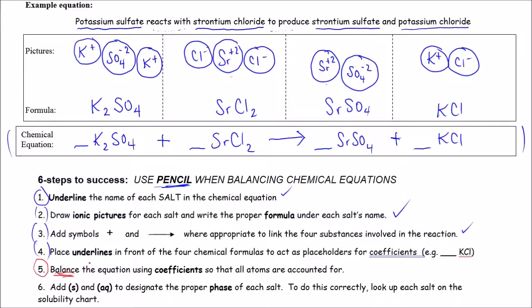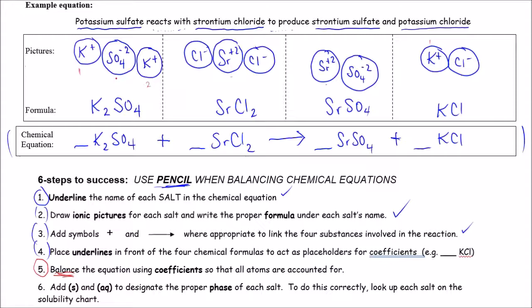Let's see if you can see the problem. Here we have 1 potassium, and you can see there's a second one. On the right side of the equation, on the product side, there's only 1 potassium. That's a problem. Needs to be solved.